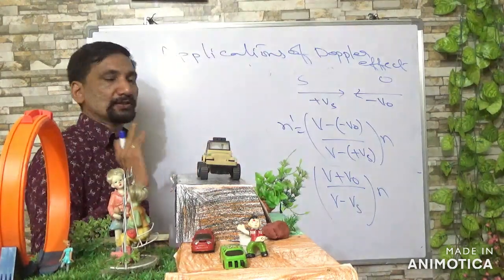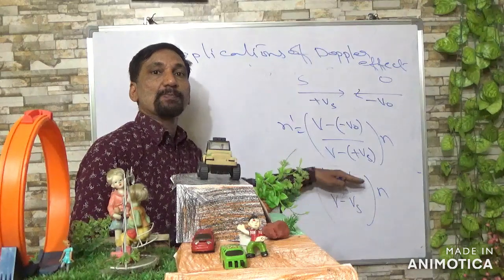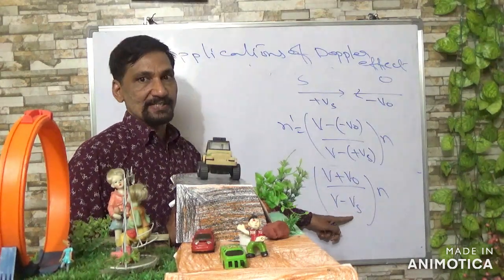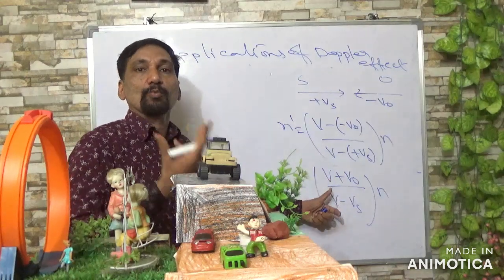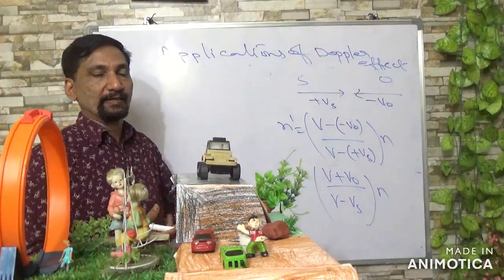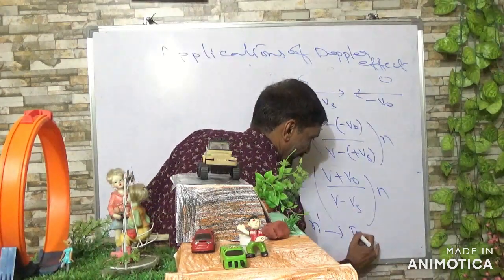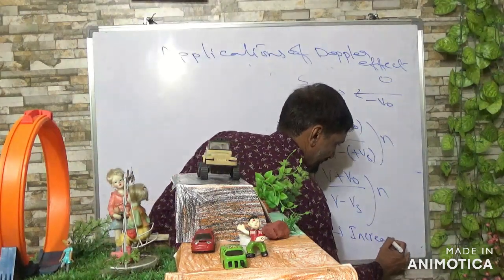What do you notice? Numerator is V plus V naught, whereas denominator is V minus Vs. So numerator has more value than denominator. Obviously, the result will be more, so we can say N dash increases.